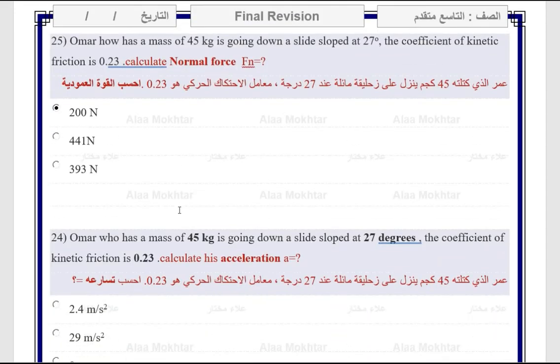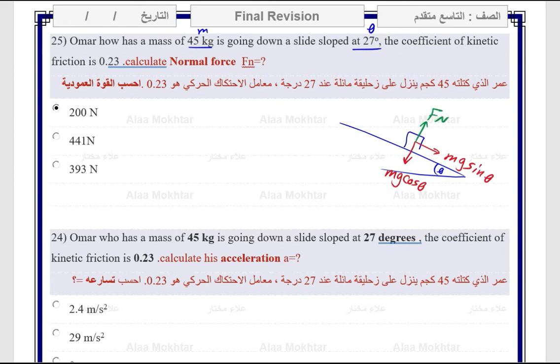The next one, Omar has a mass of 45 kilograms, m, and is going down a sled sloped at an angle. The forces on an inclined plane: there is a force mg cosine theta, a down force mg sine theta, the normal force Fn, and in the opposite direction the friction force Fk.